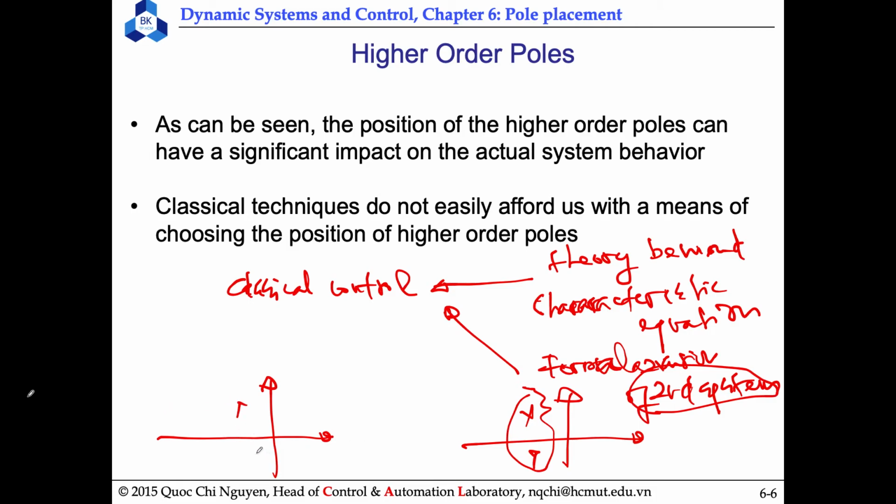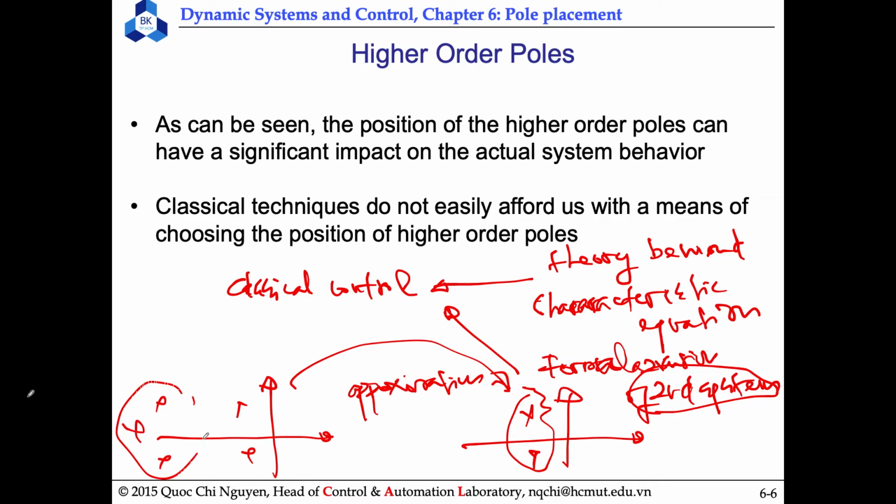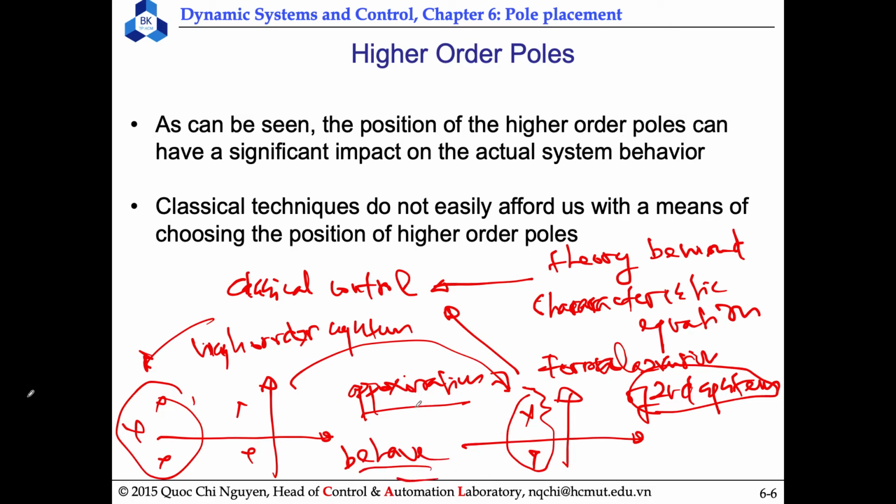We can have a high order system, so we do the approximation here and neglect this part, and by this approximation the high order system can behave like the second order system.